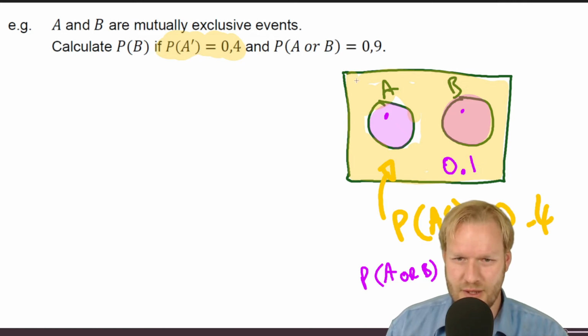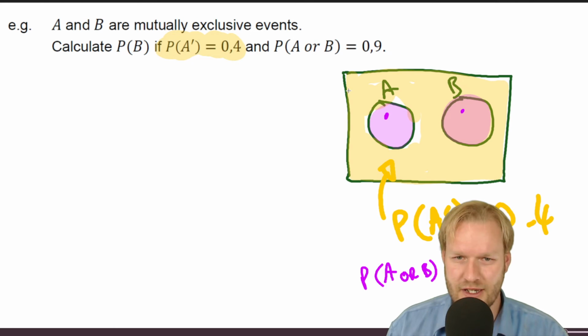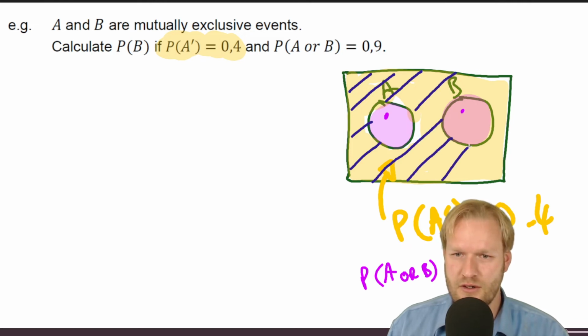Maybe I should highlight that with stripes. So this stuff out here is what I haven't highlighted in purple. The purple stuff is 0,9, so this outside stuff over here is 0,1.